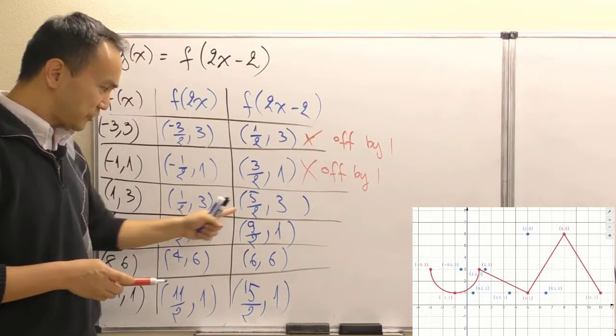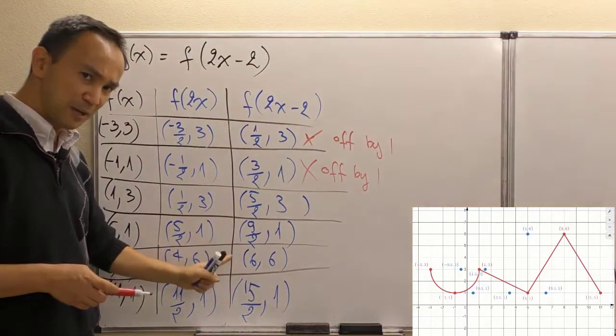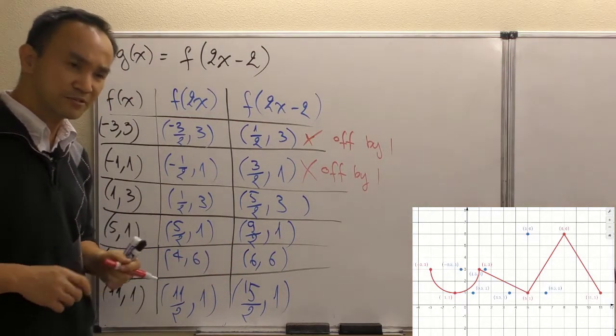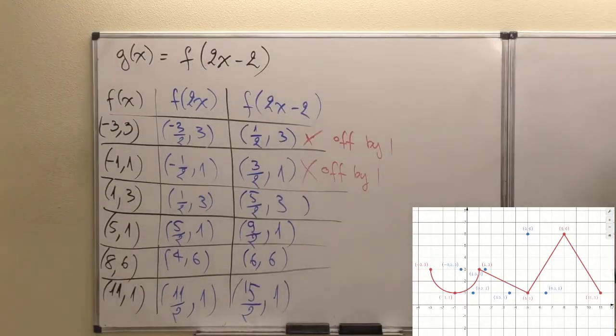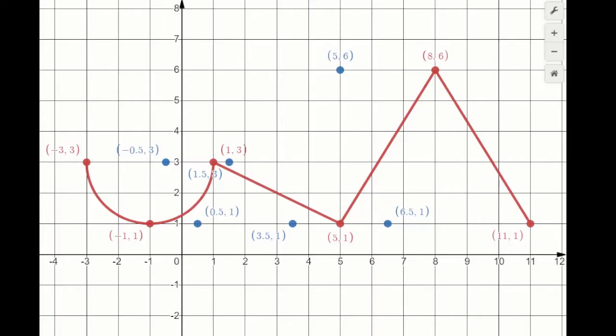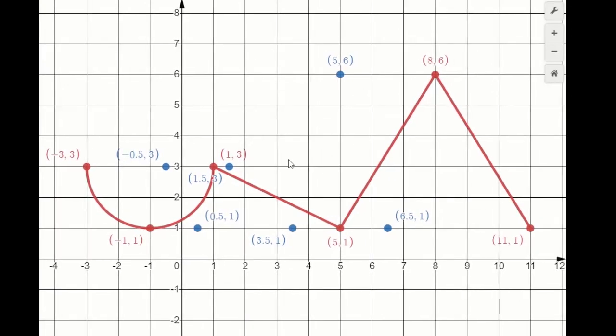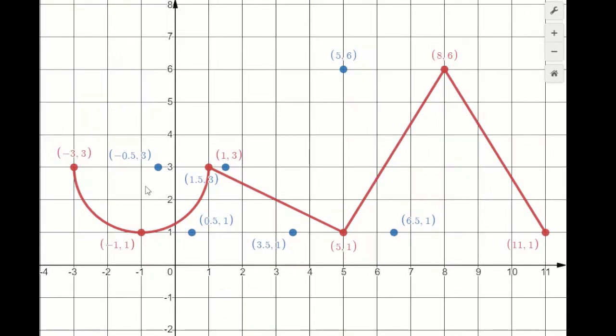All right, so let's check again for these points right here. You can spend your time checking, and I can still leave the graph there. Now let's put the graph in even closer zoom. Assuming that you have already copied down your guiding points, these are all the points, and they're all off by one point.